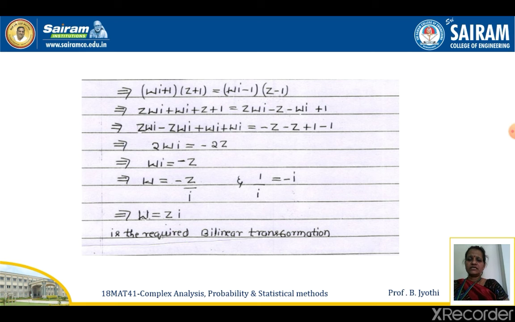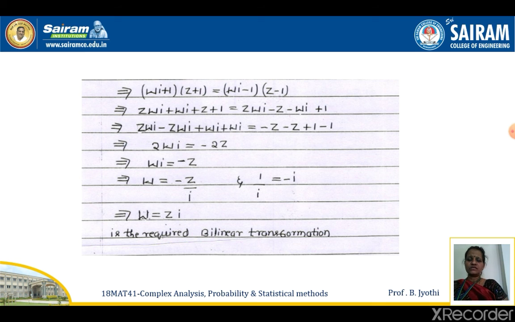And by taking the common terms to the left hand side, that is I terms to the left hand side and non-imaginary, that is the real parts, to the right hand side, we get ZWI minus ZWI plus WI is equal to minus Z plus 1 minus 1.